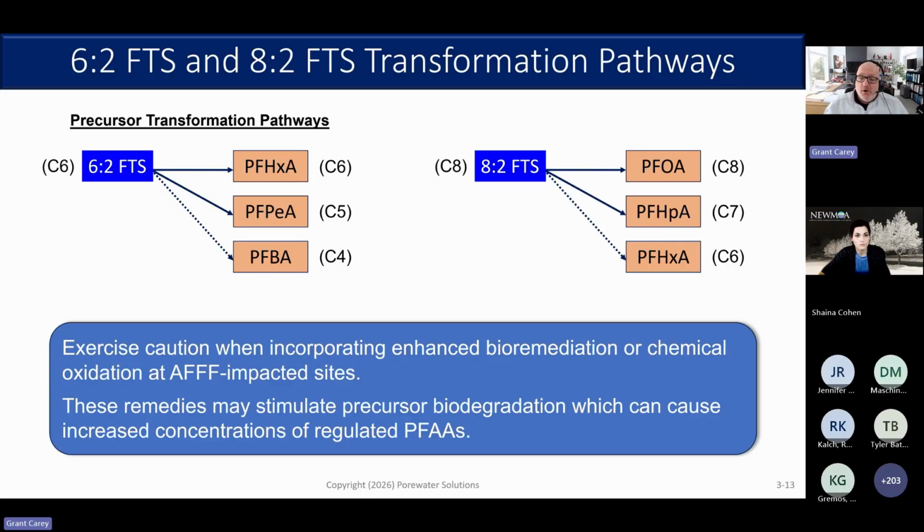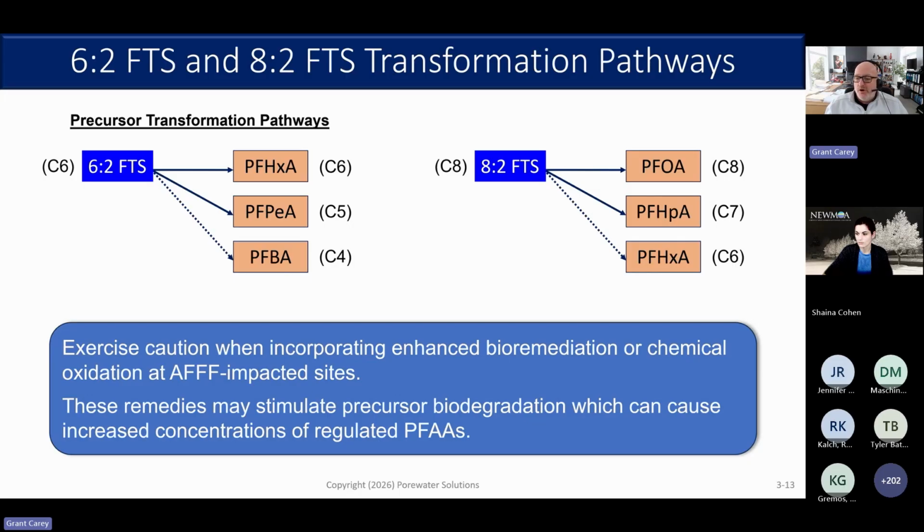One thing to keep in mind, though, and I'm sure a lot of you are aware of this, is that because these precursors do biodegrade naturally, sometimes to regulated PFAAs, we want to make sure if we're incorporating a remedy at a site, maybe enhanced bioremediation for hydrocarbons or chemical oxidation, those types of remedies can change redox conditions.